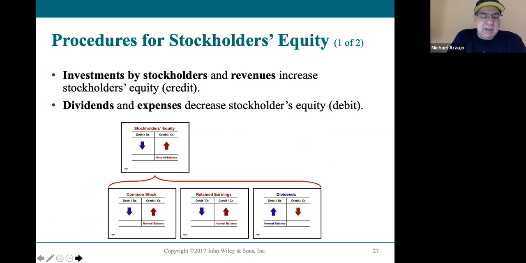The weirdest account, as you know, is retained earnings. Because as you know from the first learning objective, we look at retained earnings in a broad context. The retained earnings account absorbs the income statement accounts. Revenue and expenses give us net income, which ultimately ends up in retained earnings.